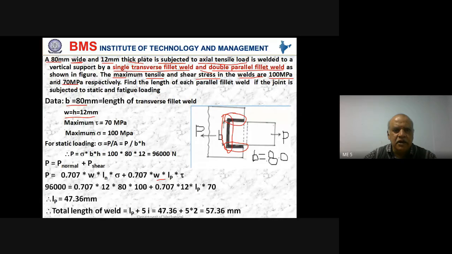So I have taken maximum shear stress to be 70 megapascal, maximum tensile stress to be equal to 100 megapascal. Find the length of each parallel fillet weld if the joint is subjected to static and fatigue loading. Again, that is time varying load, that is dynamic or fatigue loading. Please note down this problem.